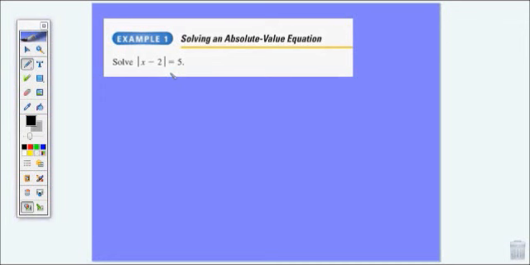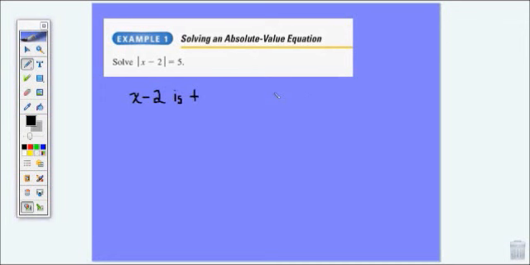So the first thing that I want to do is make this into that it could have two different answers. So I could say that the absolute value of x minus 2, so I could say this quantity here is going to be positive. And since I'm using my lovely finger here, we're going to just use this symbol, okay?